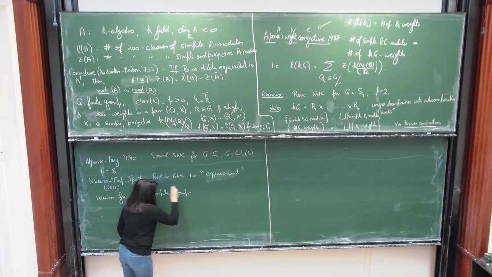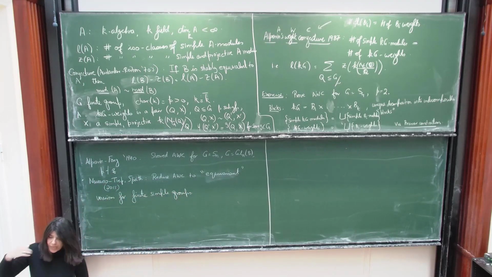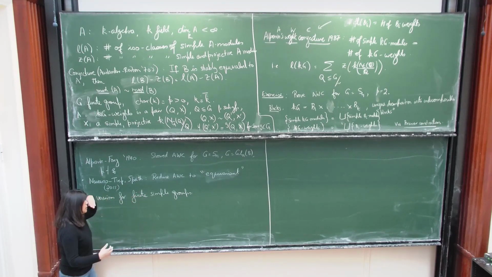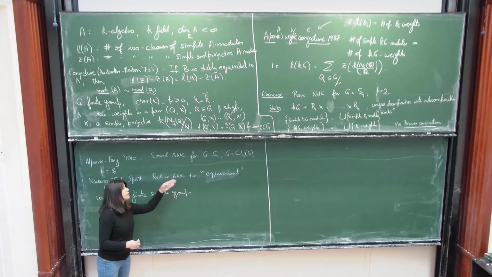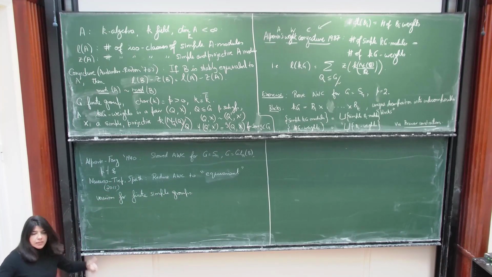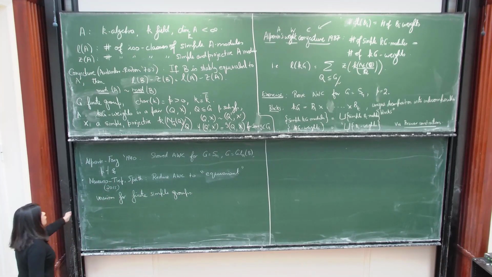In other words, these theorems say if you want to prove AWC for all blocks of finite groups, it's enough to prove sufficiently equivariant bijections, equivariant with respect to automorphisms and central extensions, etc., for finite simple groups.